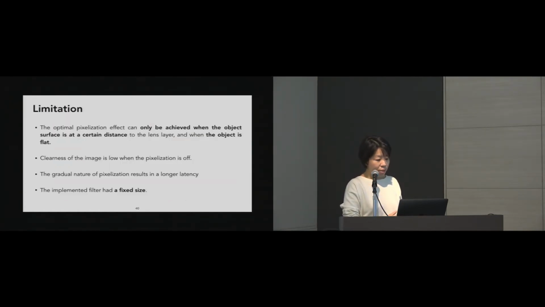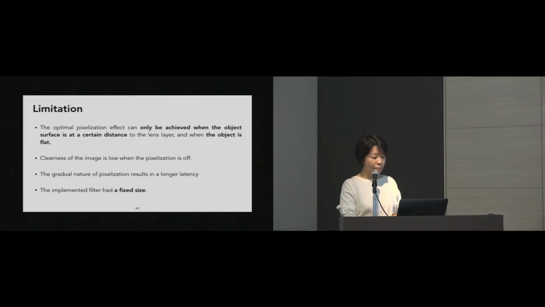We implemented the first prototype system, but there are still various limitations in both its pixelized and non-pixelated states. First, since the focal length of the lens array is fixed, the optimal pixelization effect can only be achieved when the object surface is at a certain distance to the lens layer, and when the object is flat.